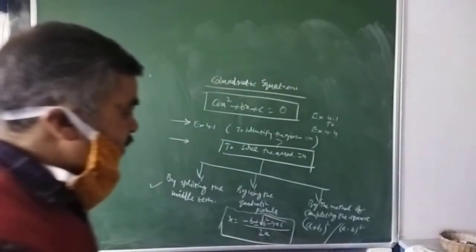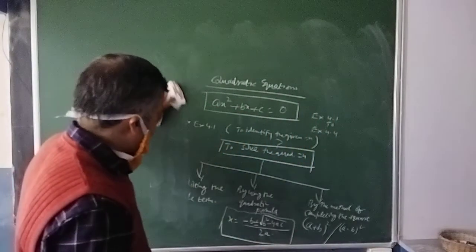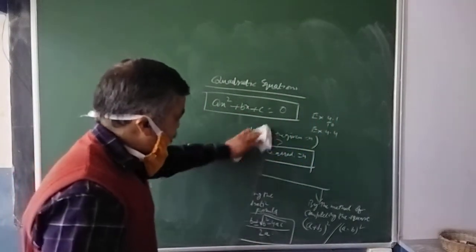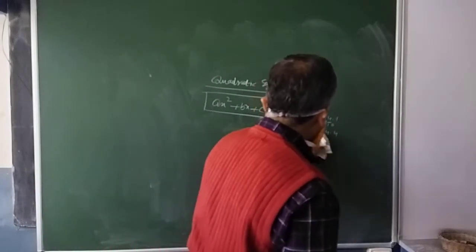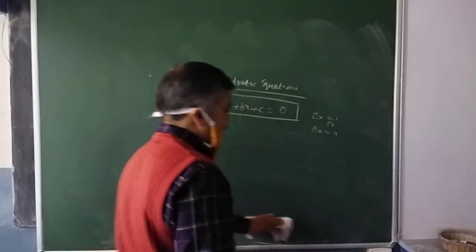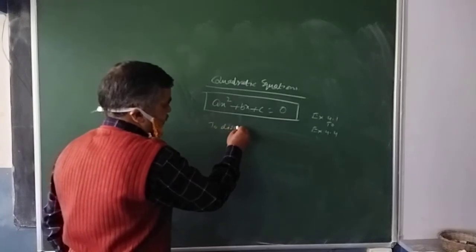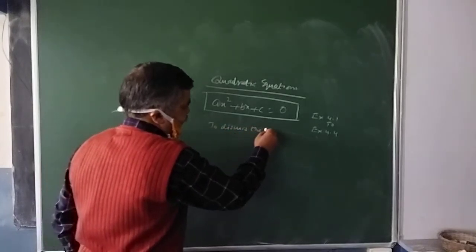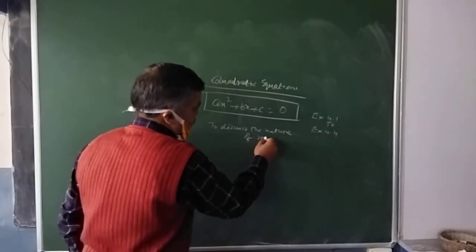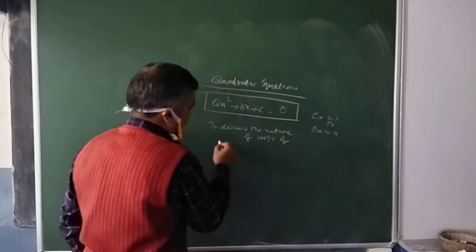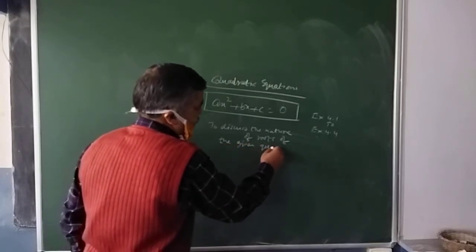Then the another part besides that, in 4.2, is to discuss the nature of roots of the given quadratic equation.